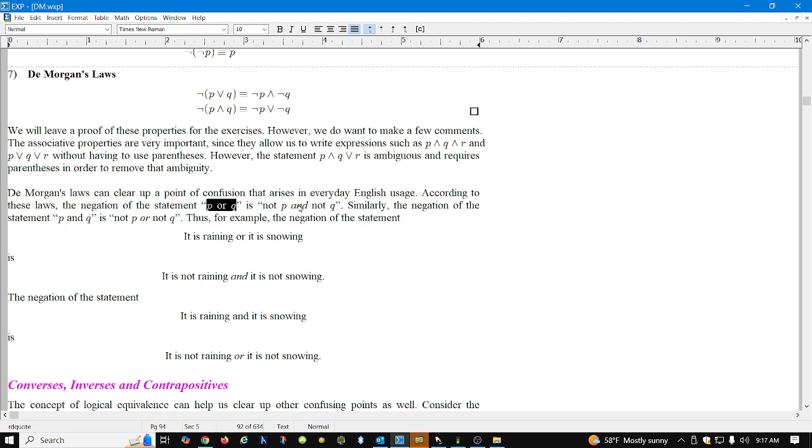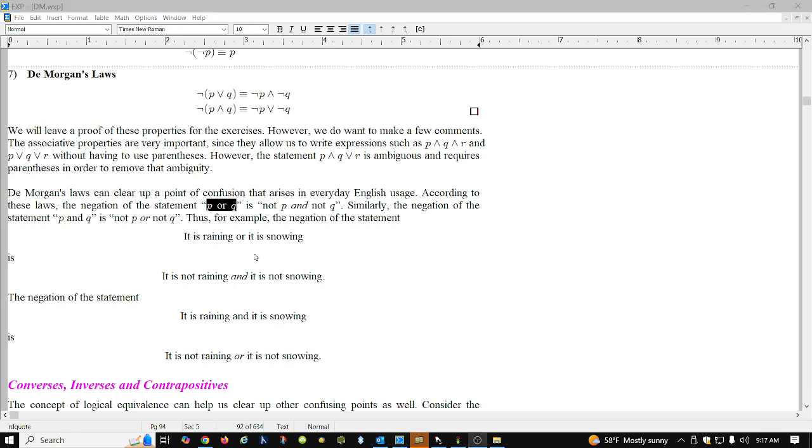Disjunction becomes conjunction. Just as intersection becomes union, union becomes intersection in the context of sets. The negation of P and Q is not P or not Q.